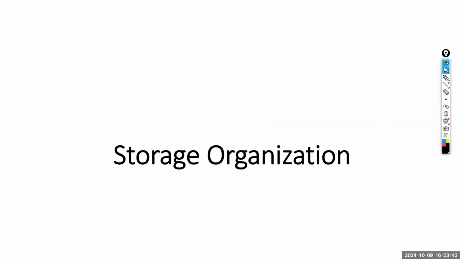Okay. Right. So then we moved on to the storage organization. It's a hierarchy. At the top, you have the registers, which are part of the processor. Then you have the cache memory, your RAM, secondary storage like SSD or hard disk, and tertiary or backup storage like pen drives, CDs, DVDs, external hard disks, and so on.